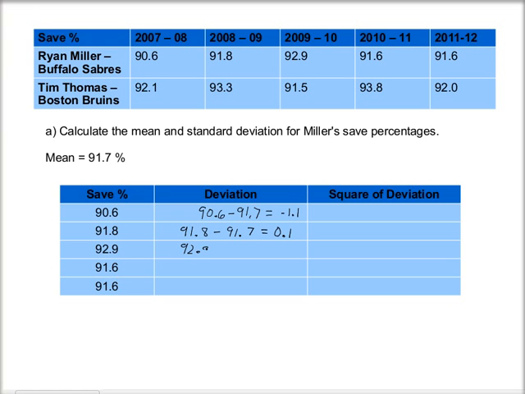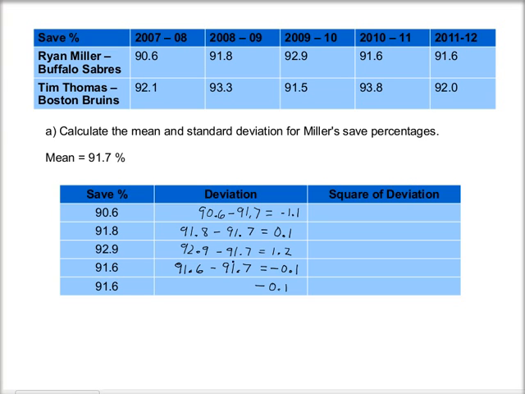Next season, he had a save percentage of 92.9 minus 91.7 is equal to 1.2, so that's that deviation. Now the next two are the same. I've got 91.6 minus 91.7, so that's going to be negative 0.1, and then this is the same, so I'm just going to write that in there.